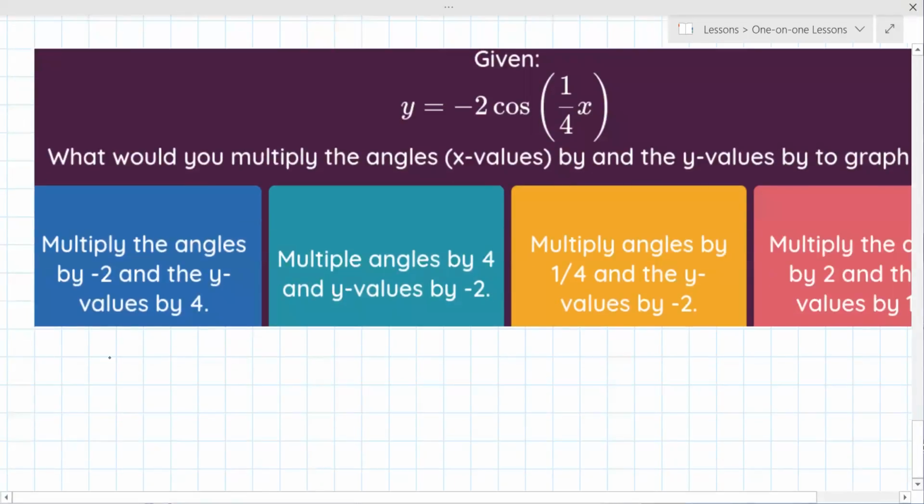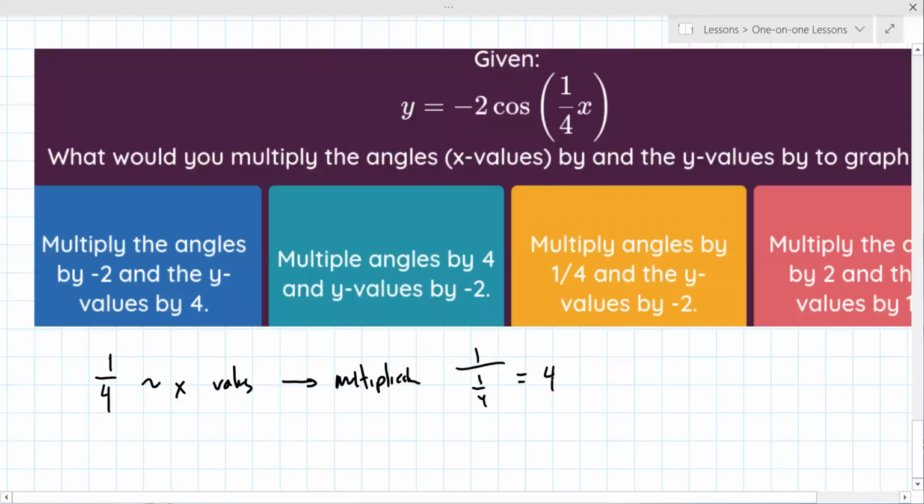You first start with the 1/4 on the inside, so that affects the x values, and because it's division by 4, it ends up having the effect of multiplication. You multiply by the reciprocal of this number, 1 over 1/4, which is 4.